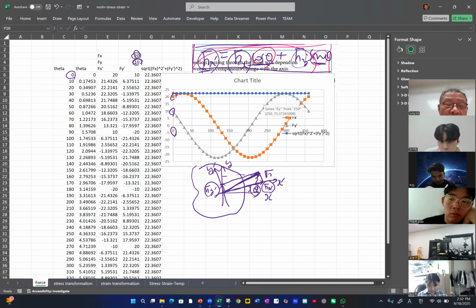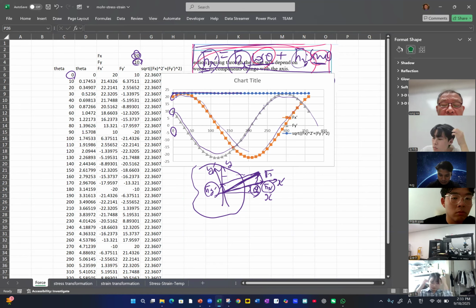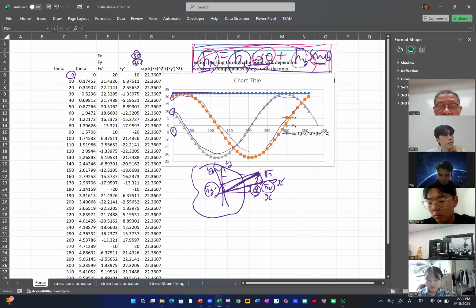Now you can see how this 10 changes along with the angle, and this 20 changes too. But again, what does not change is the magnitude. Since it's a vector, the magnitude of the vector would remain the same. We know that, right? And then we simply add these terms and confirm that.